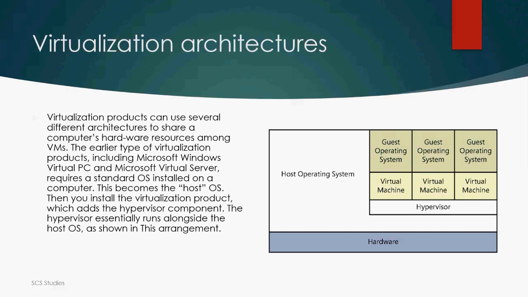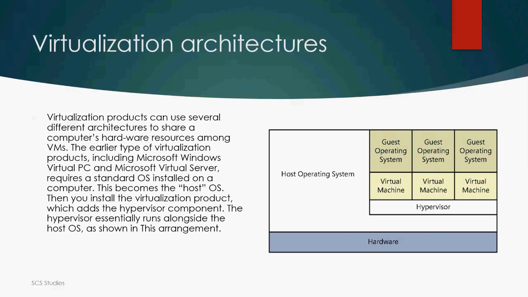So this is basically a single operating system which runs hypervisor as a service. As shown in this diagram on the right-hand side, at the bottom we have the hardware part, and on this hardware we have installed the host operating system.